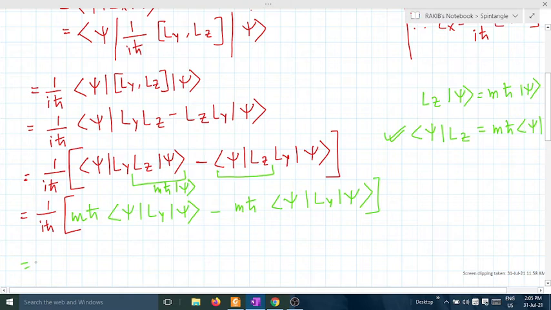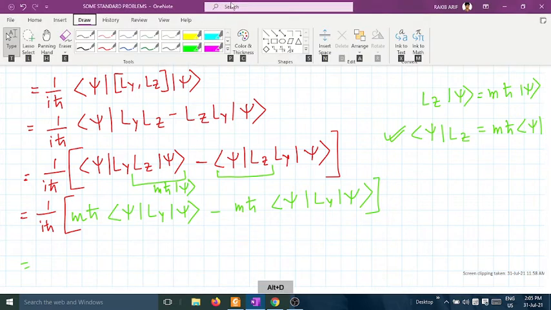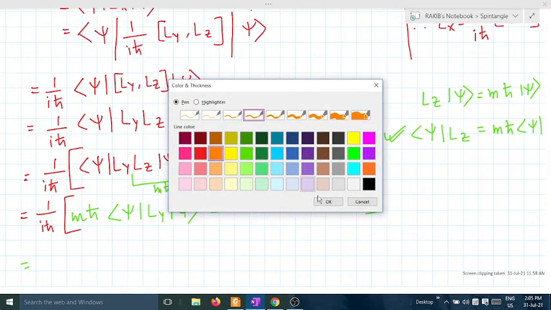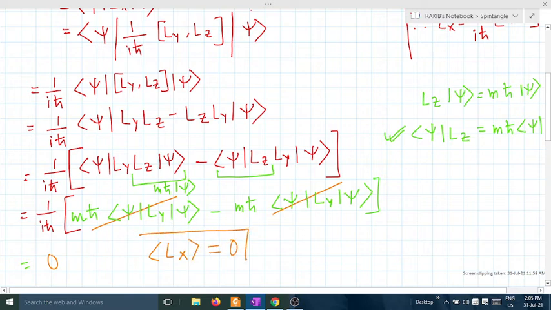You can see that these two things inside the bracket are the same. Therefore we can subtract one from the other and get a result of 0. This means the expectation value of the operator Lx becomes 0.